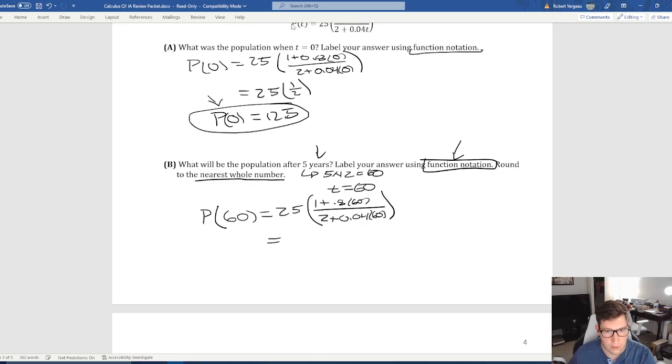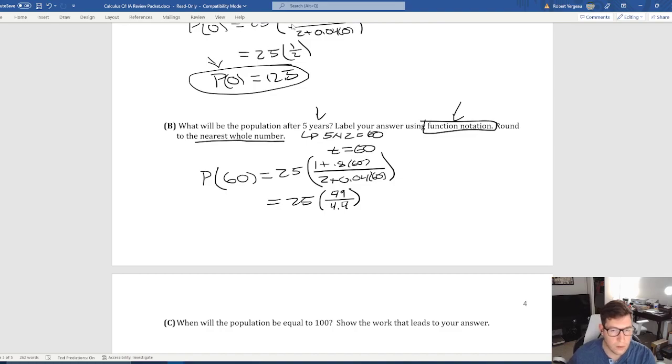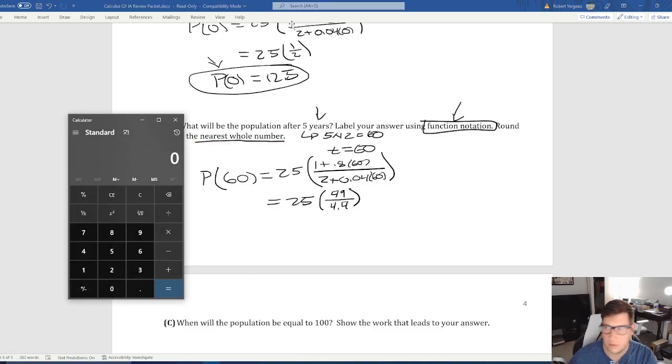Which is going to give us 25 times 49 over 4.4. Again, if you're seeing these calculations going, oh my gosh, don't worry, this will most likely be on the calculator portion of your exam. Again, hint, hint. And so once we have this, we're simply going to multiply it out. Let's see what we got.